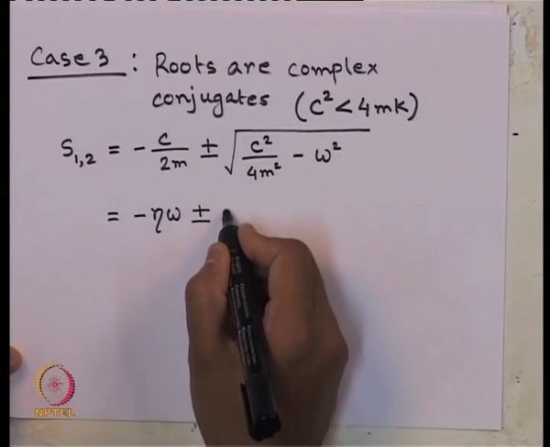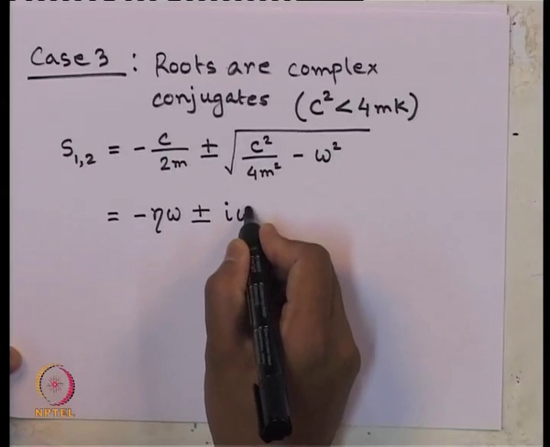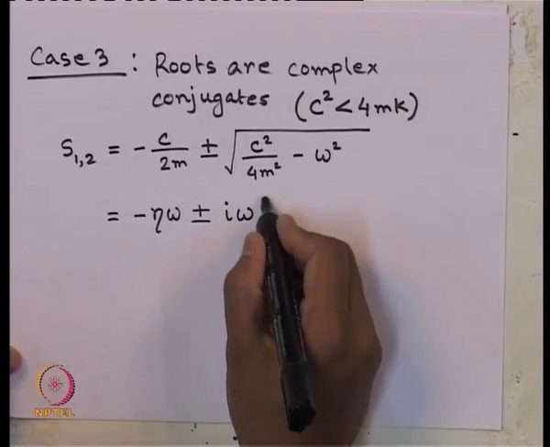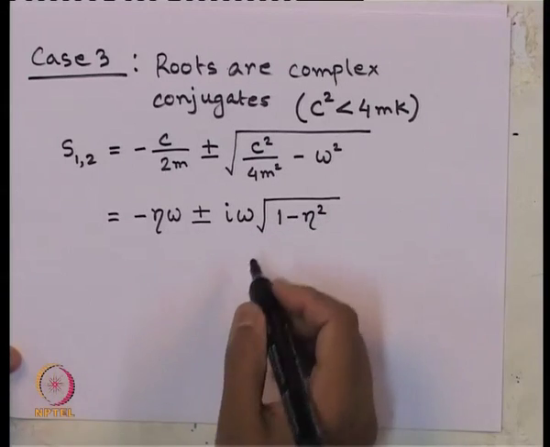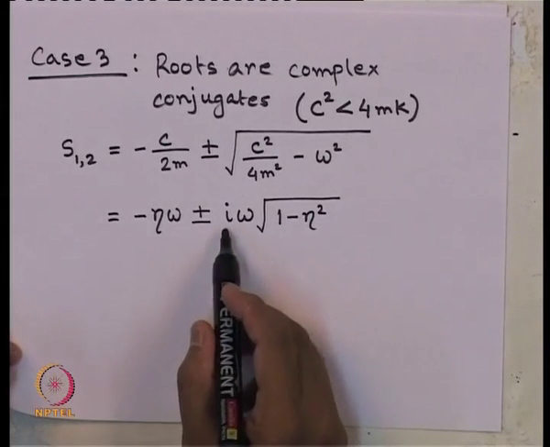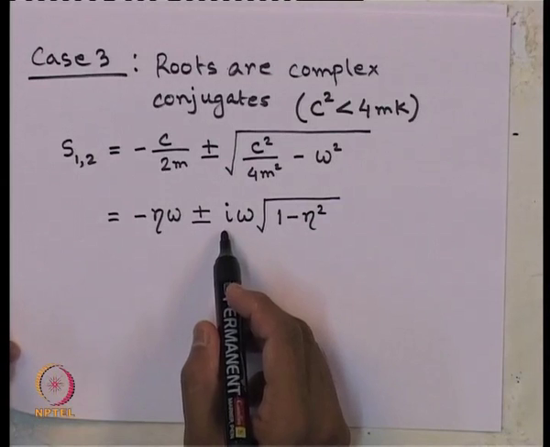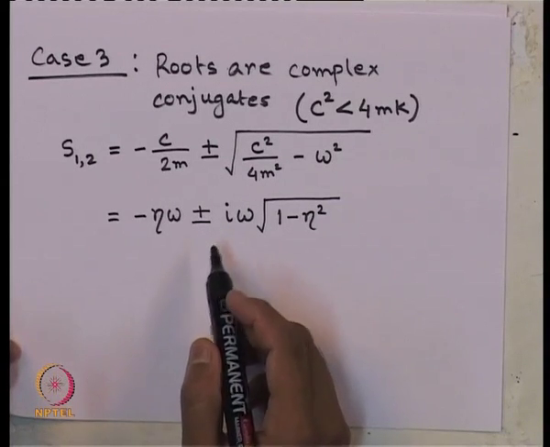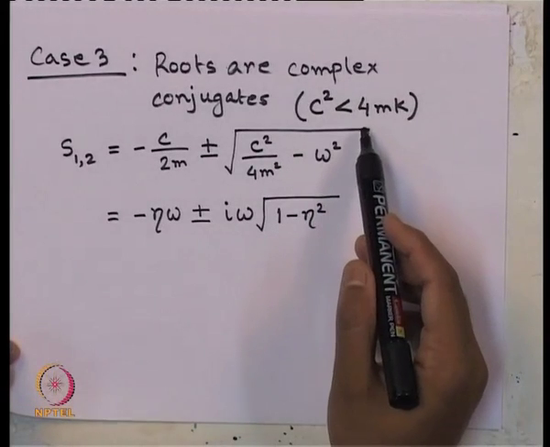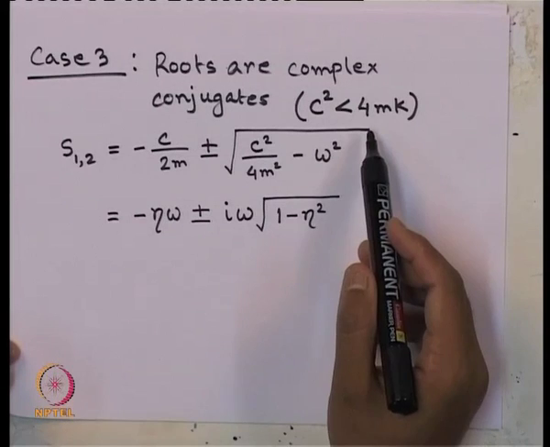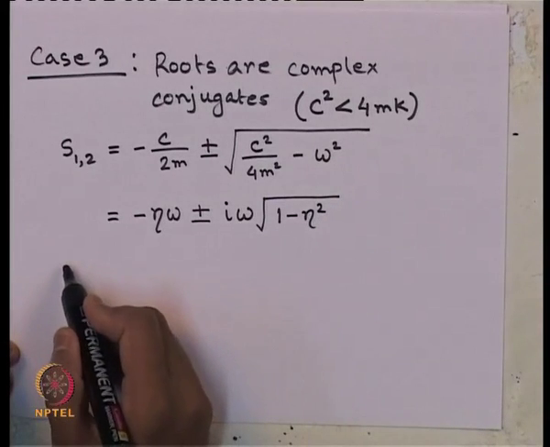So, i will come out, I omega root over 1 minus eta square, same like the previous case. Only difference is we have one imaginary function i here. And for this case, as c square is less than 4 m k, what we will get?